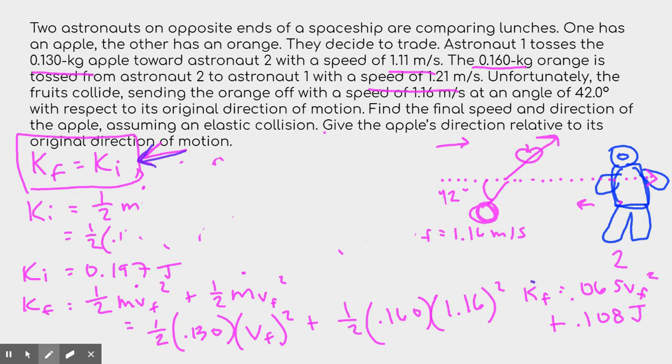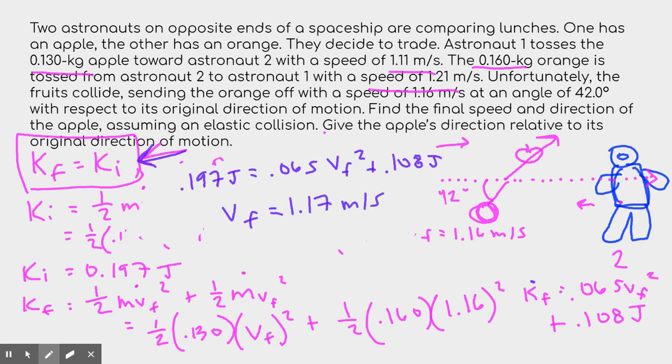Let's replace the final kinetic energy with the initial energy, which is 0.197 joules, and that's equal to 0.065 final velocity squared plus 0.108 joules. Once you do this math, you should find the final velocity is 1.17 meters per second.